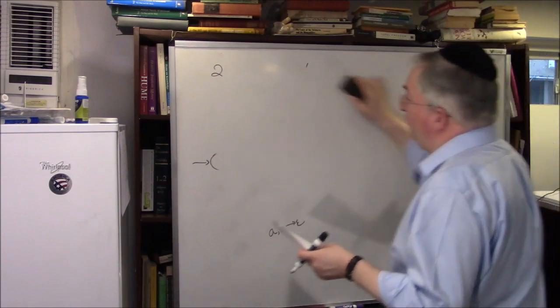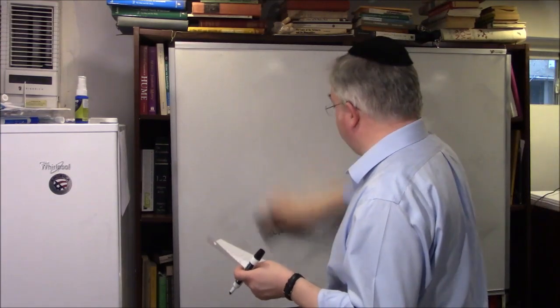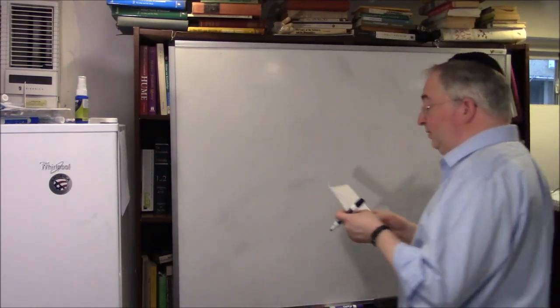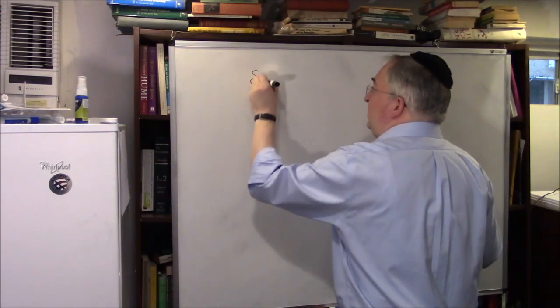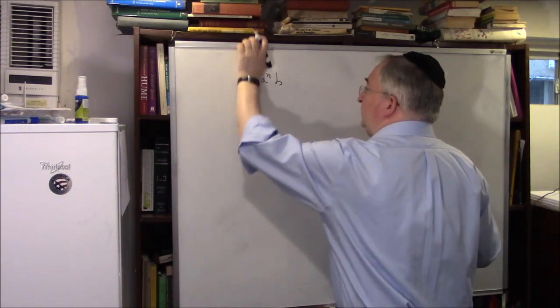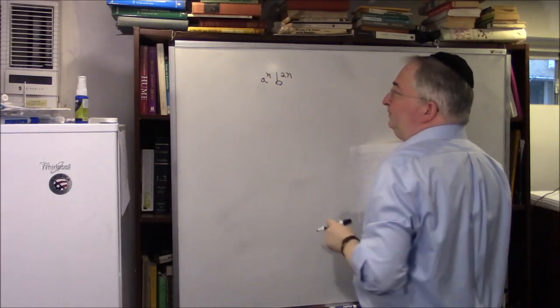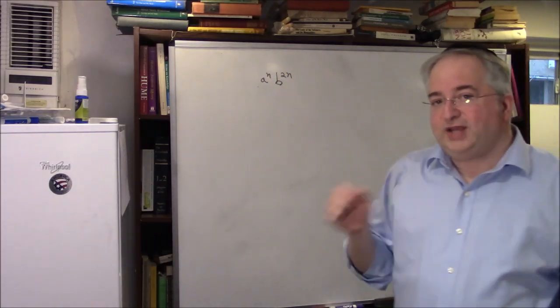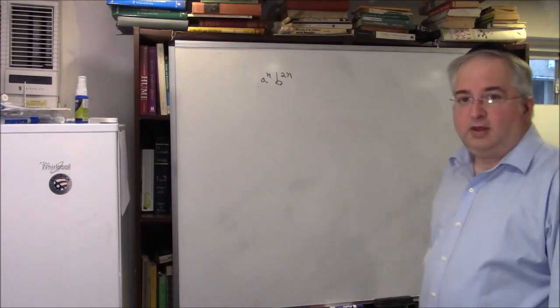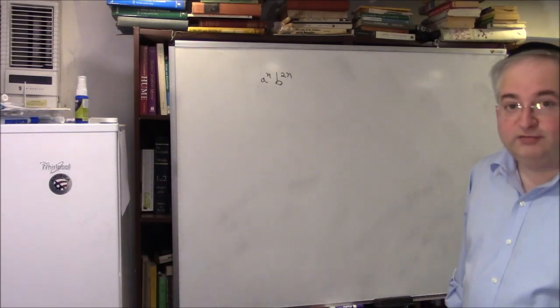And I want to do it in two different ways because there's two ways of thinking about it, and both of them are legitimate. So how about this? A to the n, B to the 2n. Okay? Twice as many B's as A's. Okay? And there are two ways of doing this.